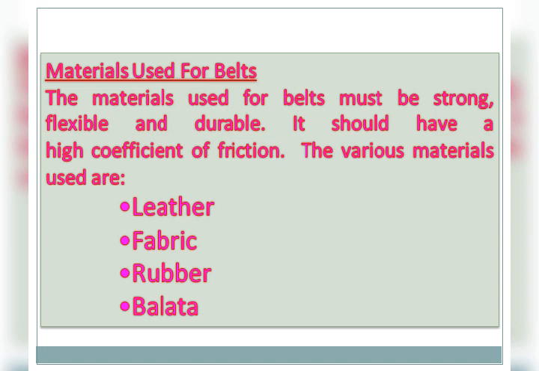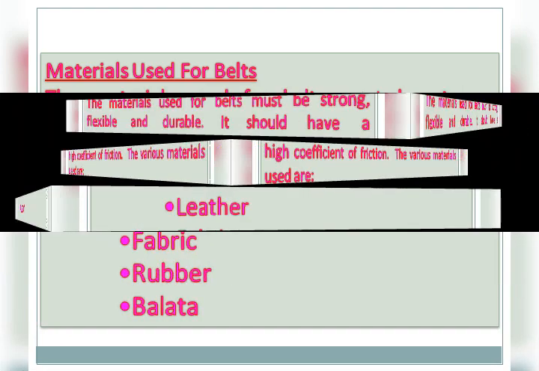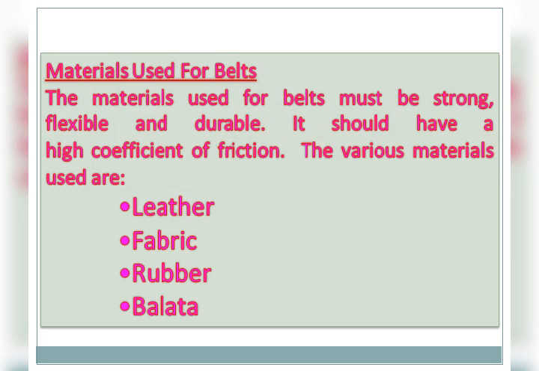So here we are making a layer by layer kind of belt. Leather belts require periodic cleaning because, due to friction, since it is made of different layers, some of the layers are going to wear out. We are supposed to separate those, else the wear can propagate. That can be avoided, and the life of the leather belt can be increased.